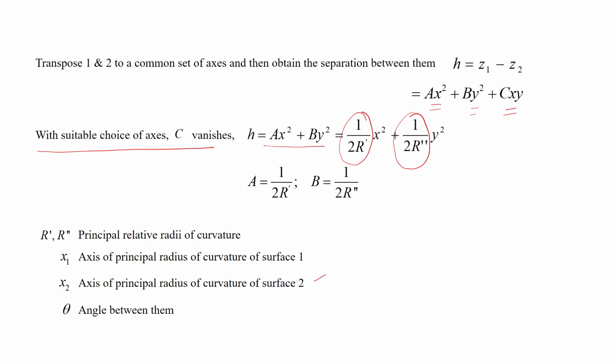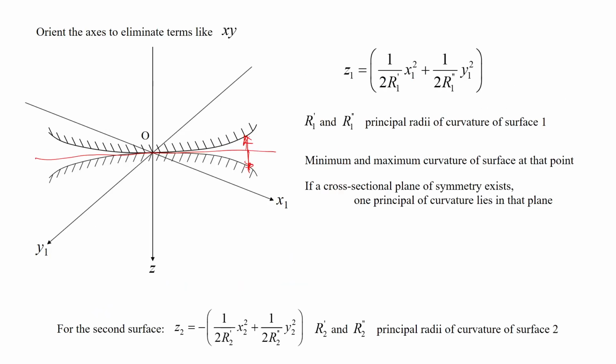That was the earlier case, and the principal radii of curvature we have already defined earlier, so we already have the r1 and r2, and the angle between those principal radii of curvature. This is one set of coordinates, x1 y1, and x2 y2 is another set of coordinates.